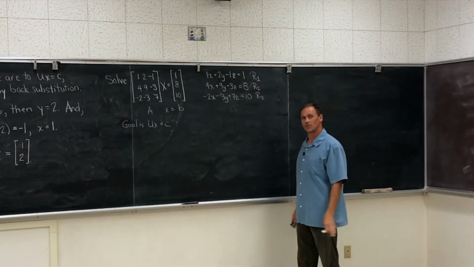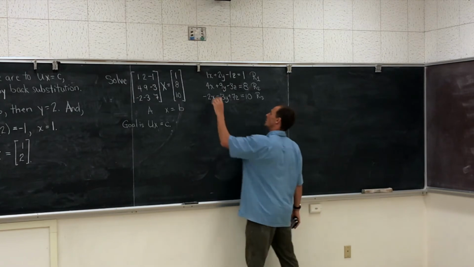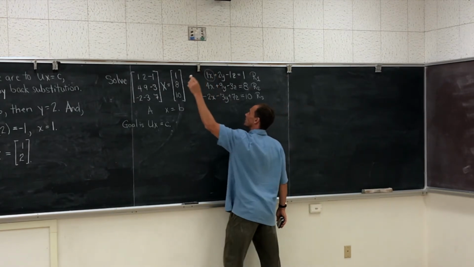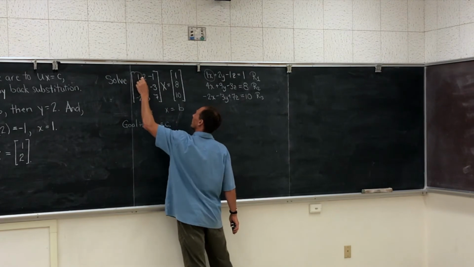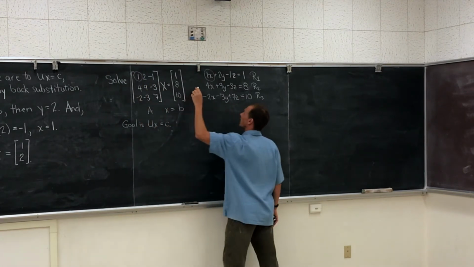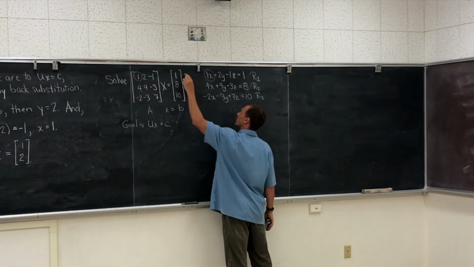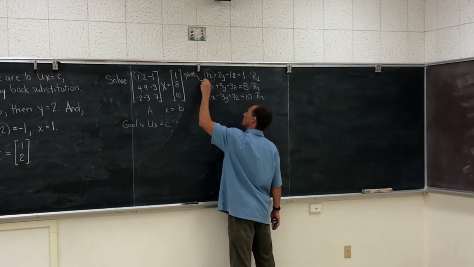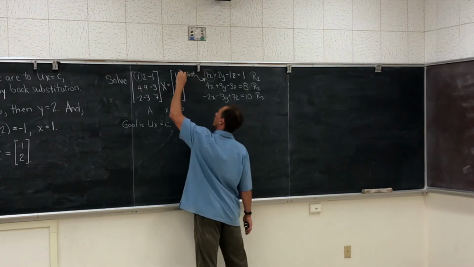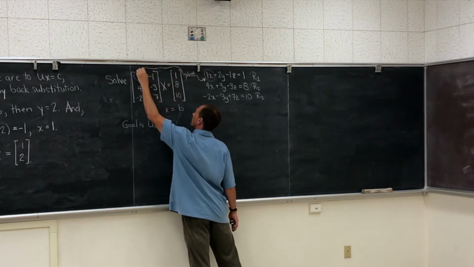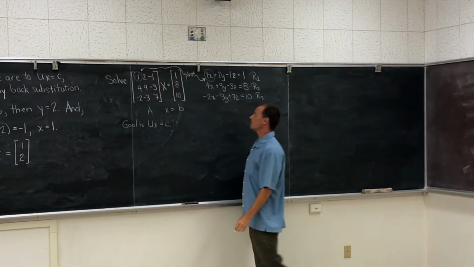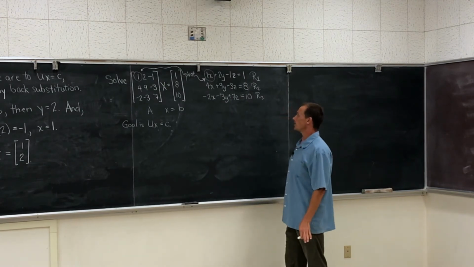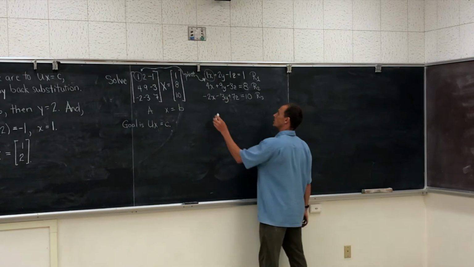Okay. We start up here in this top left corner. And we call that our pivot, the 1. Okay. So we're going to track this as we go. So this is what we need to do.